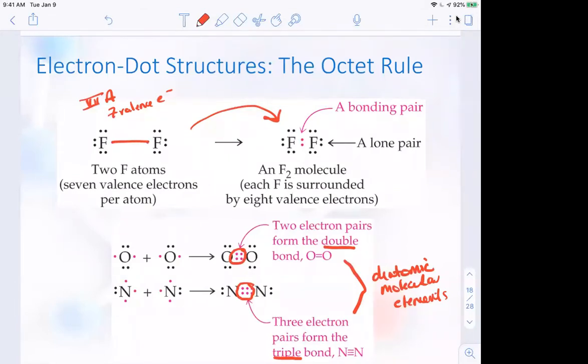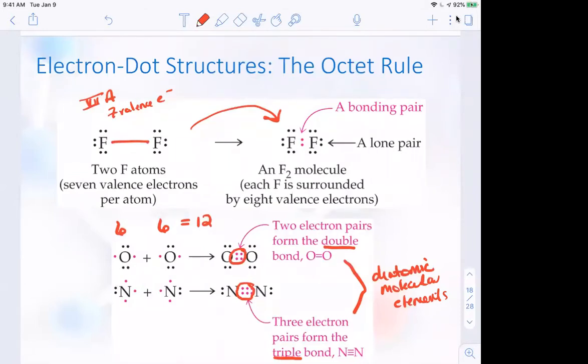Oxygen has 6 valence electrons and 6 valence electrons. That's a total of 12. I have to give everybody an octet by using those electrons. In order to give both oxygen atoms an octet, I end up sharing 4 electrons between the 2 oxygen atoms, which indicates that I have a double bond.